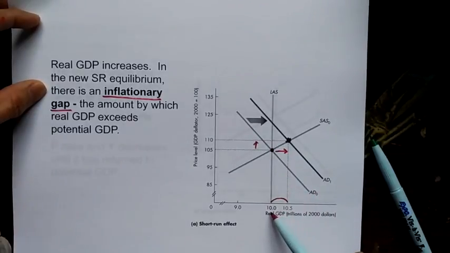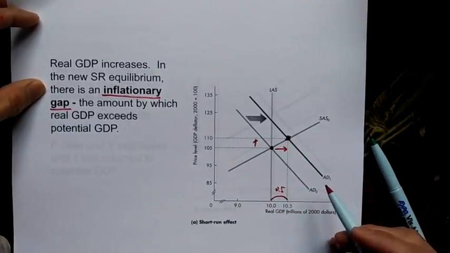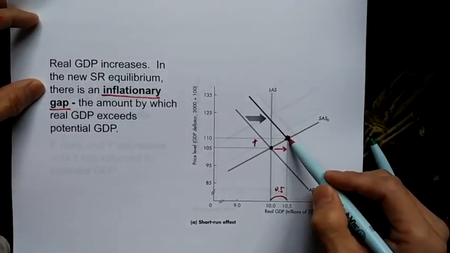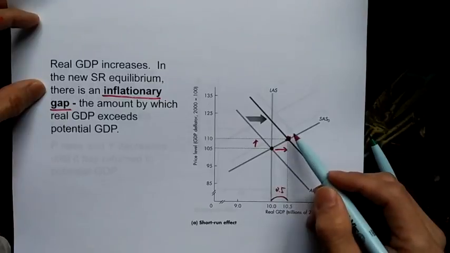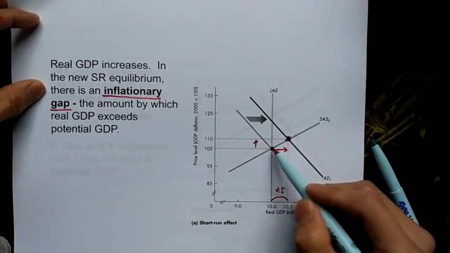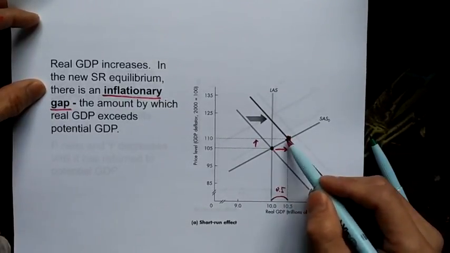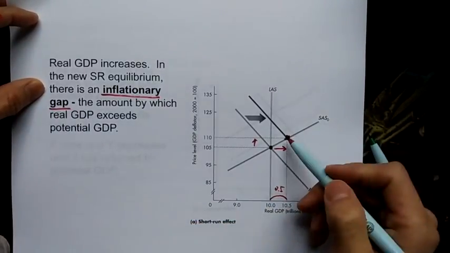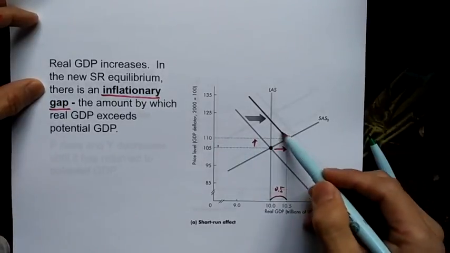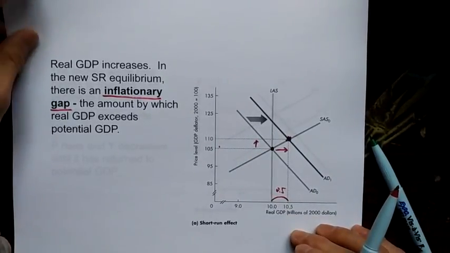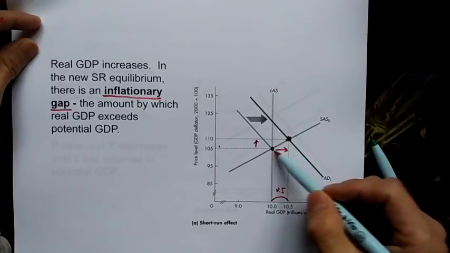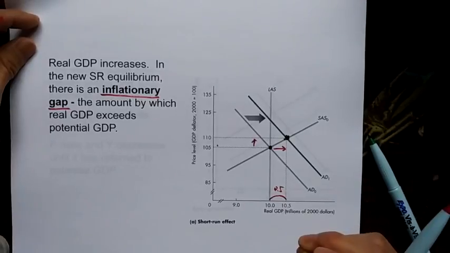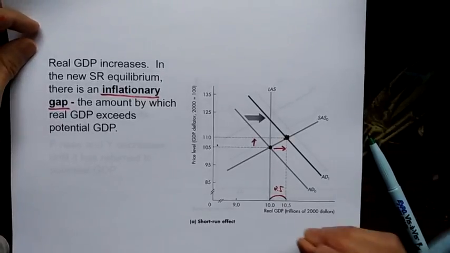This gap, 0.5, is called inflationary gap because we are producing at a level higher than our potential. We are producing too much. That will give the economy a pressure, an inflation pressure to push the price up, further up. That is why this gap is called inflationary gap, because it gives the economy a pressure on the price level.